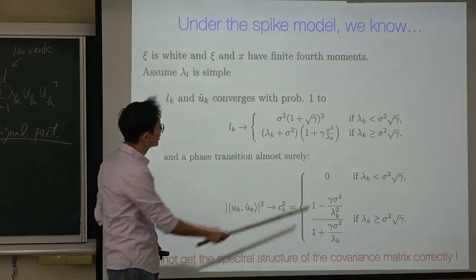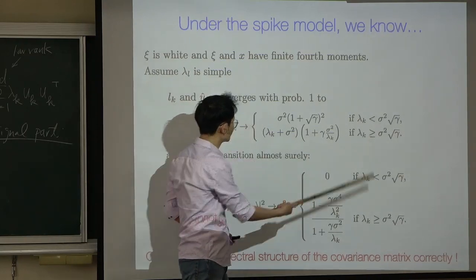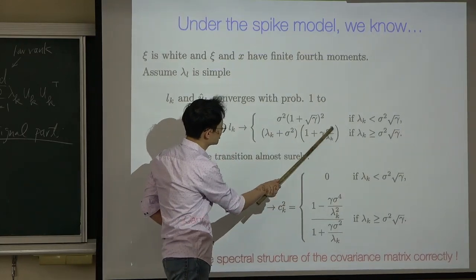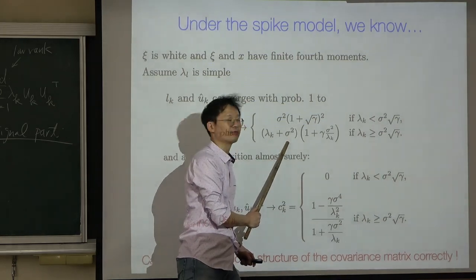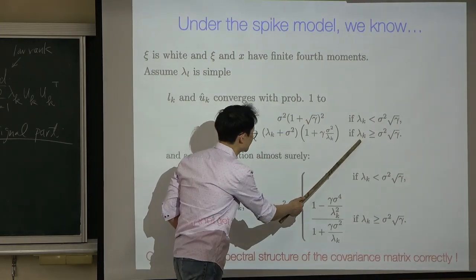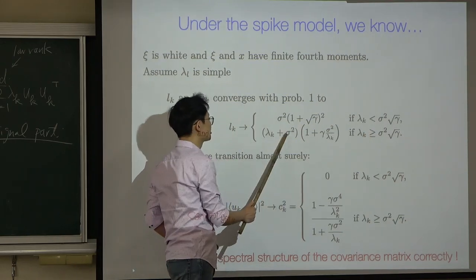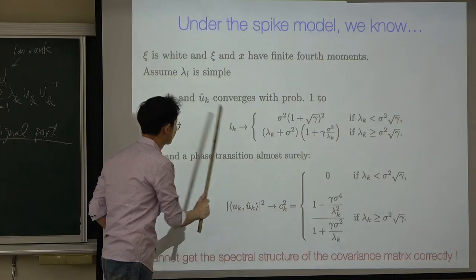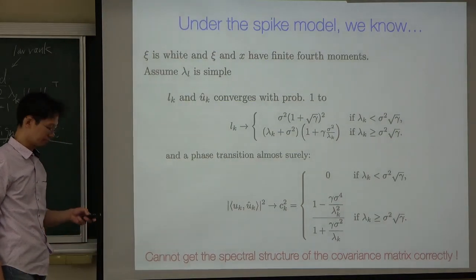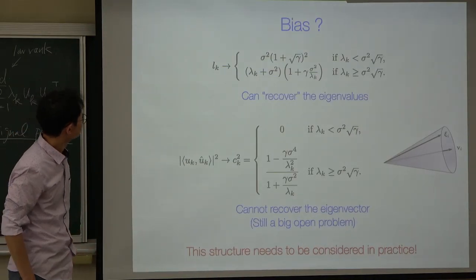And when lambda k goes to infinity, this guy goes to 0, and you get lambda k plus sigma squared. So when lambda k is very, very large and you know sigma squared, you just do subtraction, and you can recover lambda k from l k.